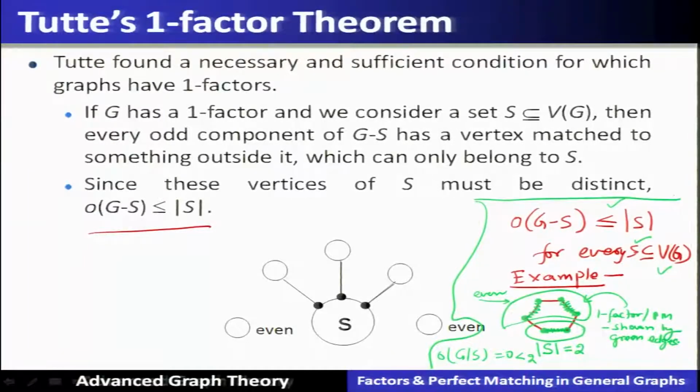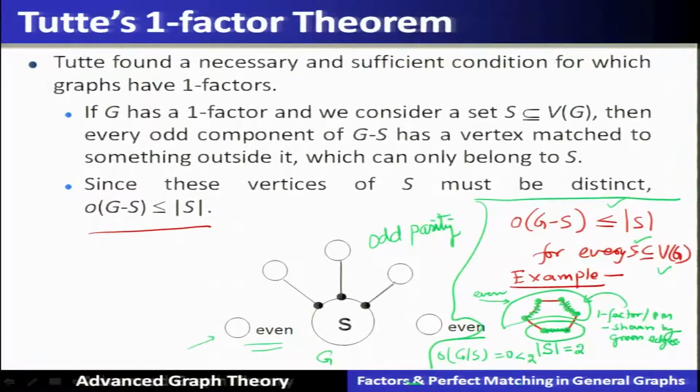Now, before we go ahead, we see an important observation. Let us say this is the graph and this is the set S. If S is removed from the graph, it will be in the form of components. Some components have even parity, and the other components have odd parity.